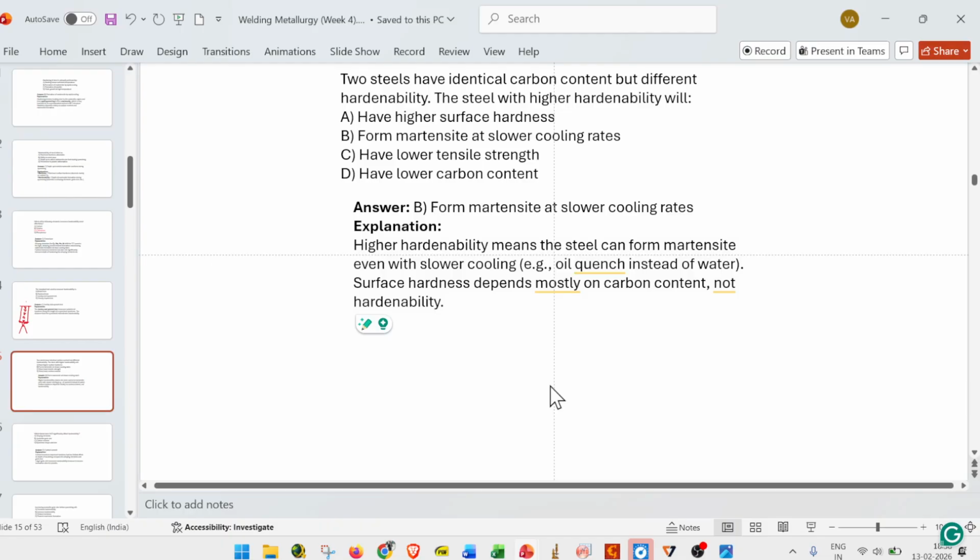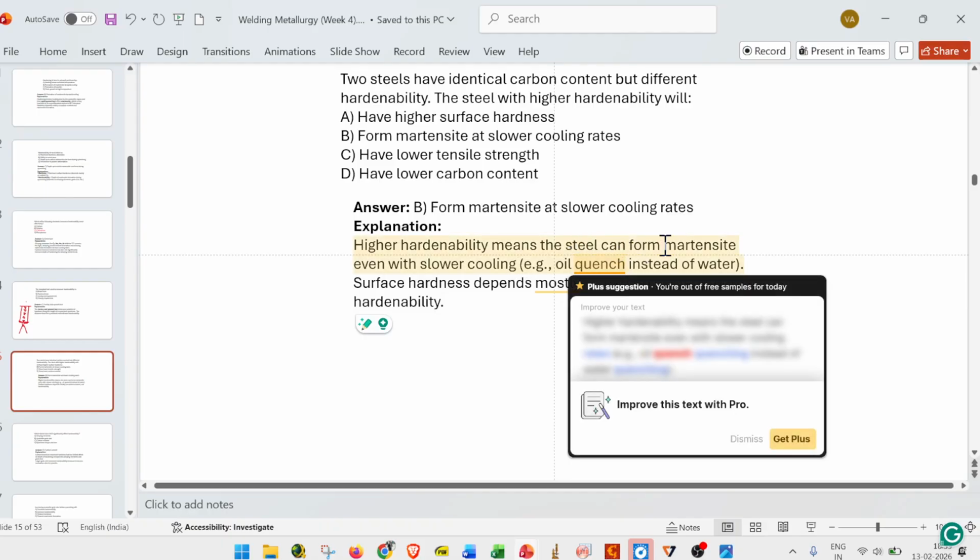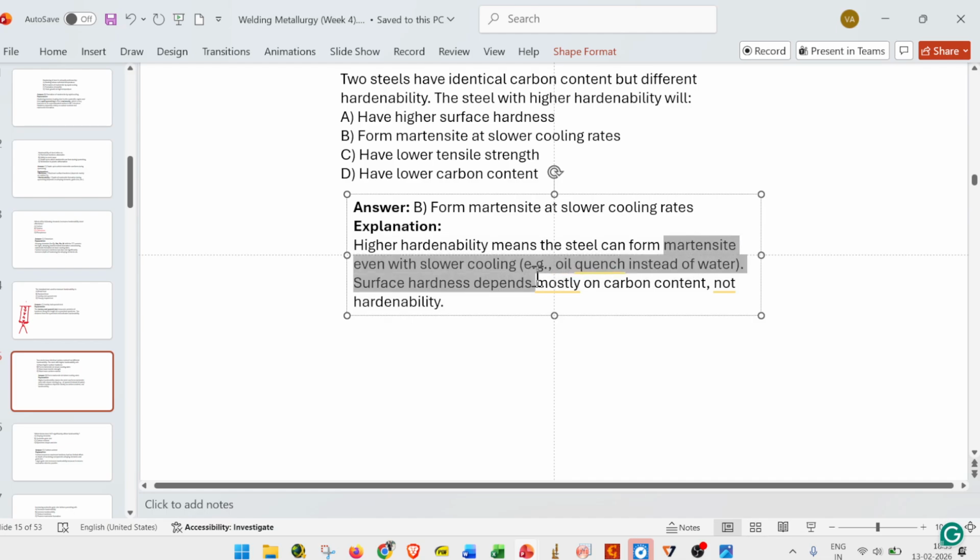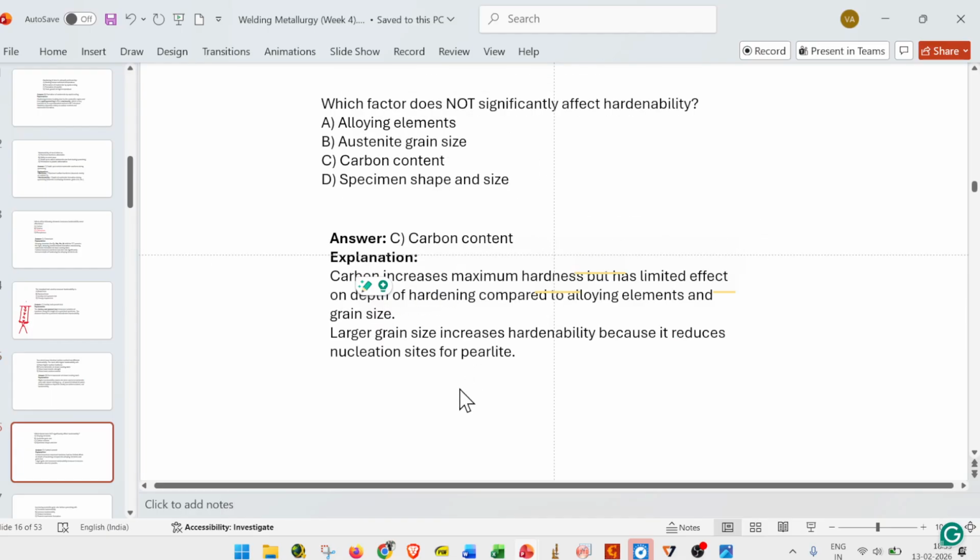So if both have the same carbon content, one can form martensite more easily. This can be due to other elements like chromium and molybdenum present in that alloy, which shift the TTT curve to the right, so martensite formation is much easier in that alloy.